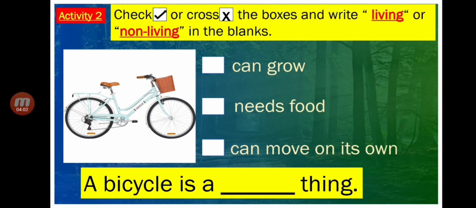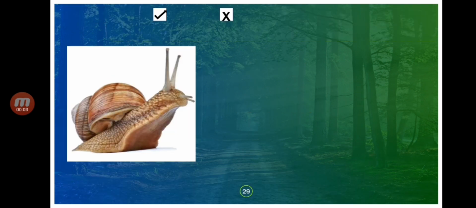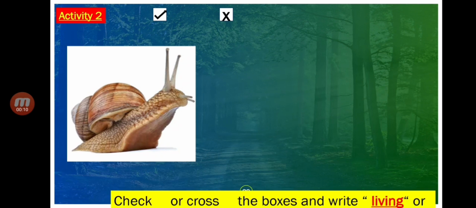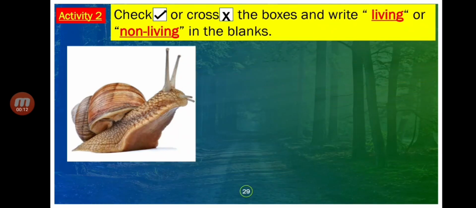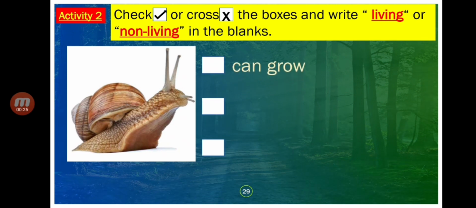Next, do you know what animal this is? Very good, it's a snail. So the same, you are going to put check or cross inside the box and write living thing or non-living in the blanks. So snail can grow, check or cross.